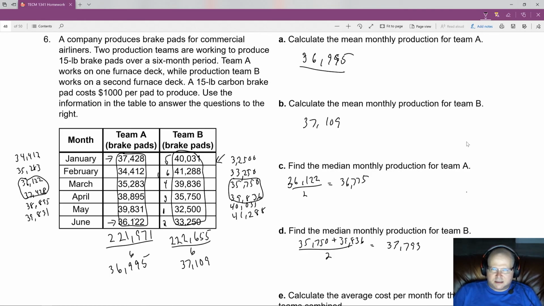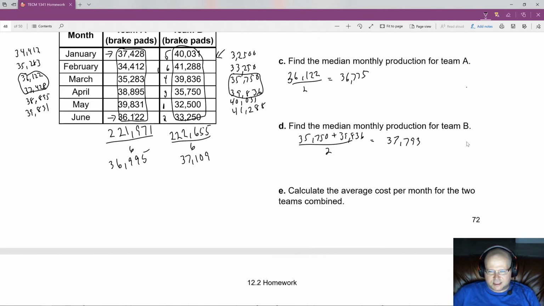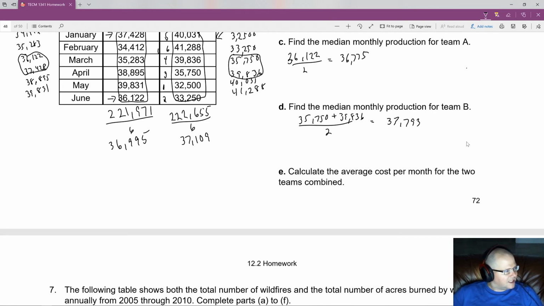So we can add those two means together, and then divide by 2, and that theoretically should give us our answer. So we could add the 36,995 to the 37,109 and then divide by 2. And if we do that, we get 37,052.1667. This is actually repeating, I'm just rounding off though.